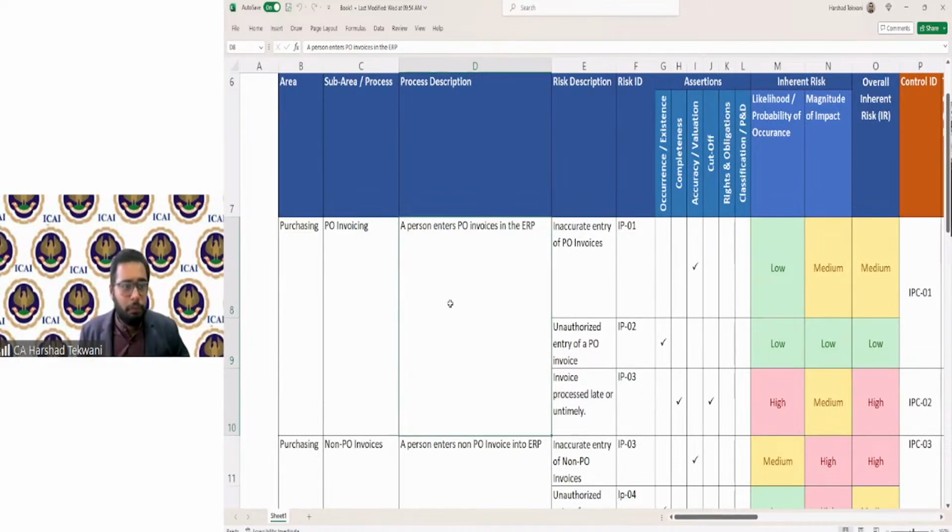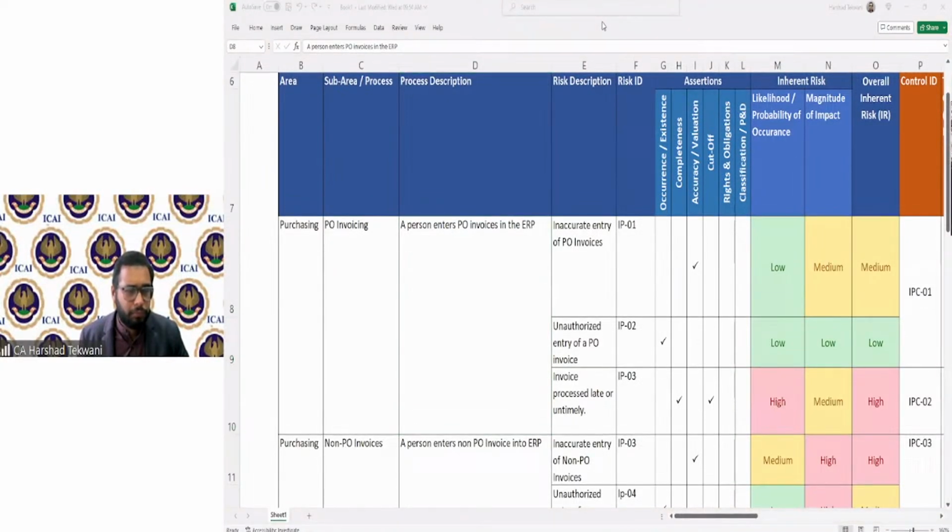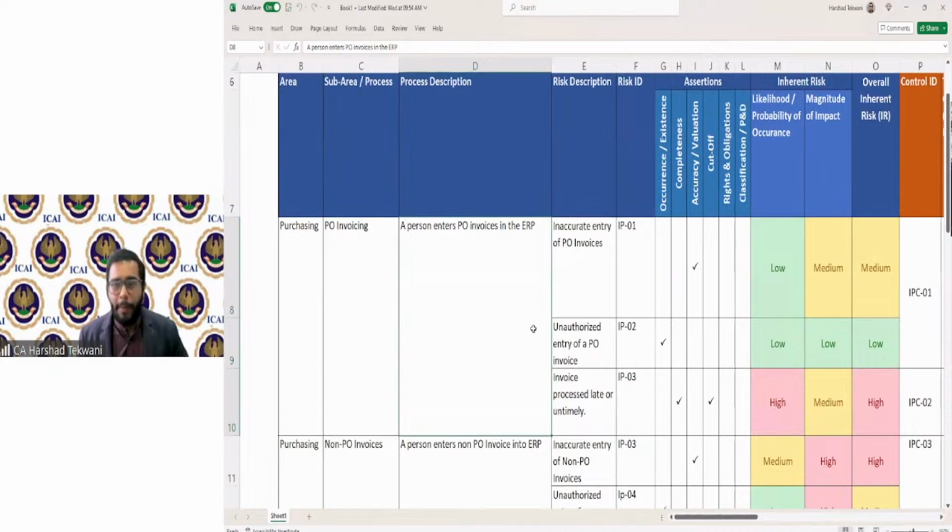If someone can answer this: from where can I get this information, like a person enters PO invoices into the ERP, from where will I identify this? Come on guys, from where will I identify this?